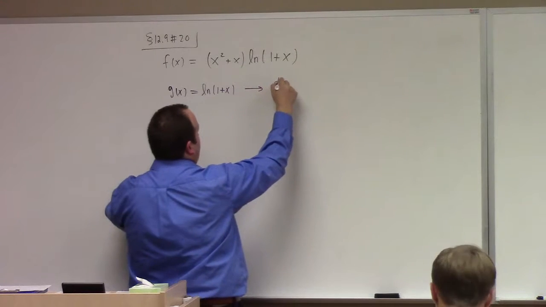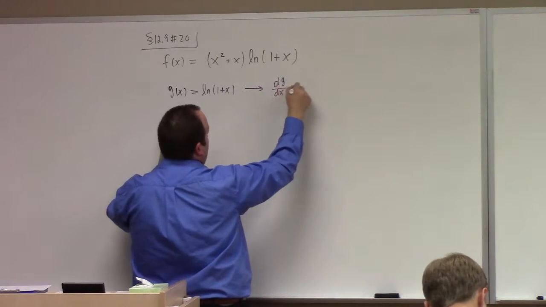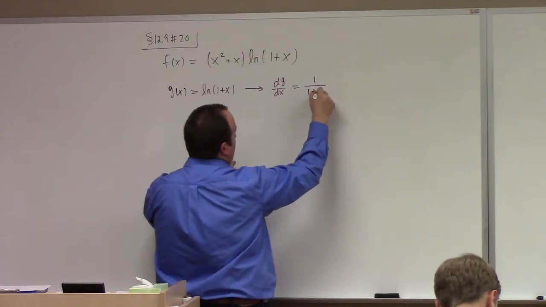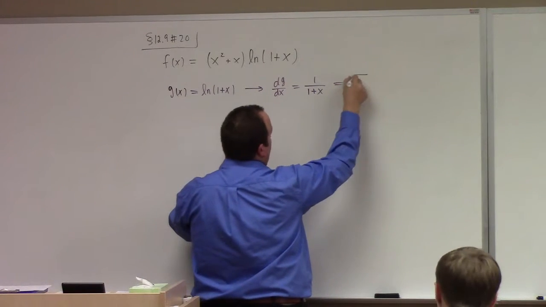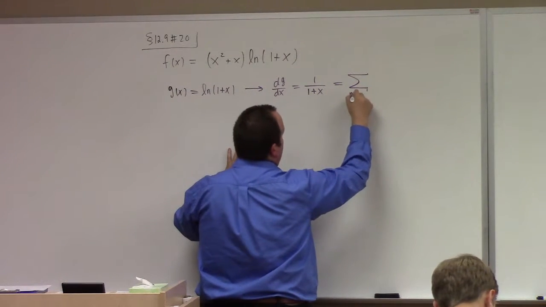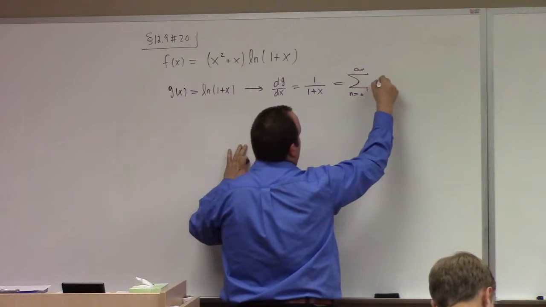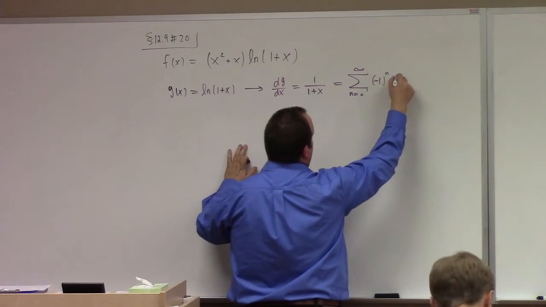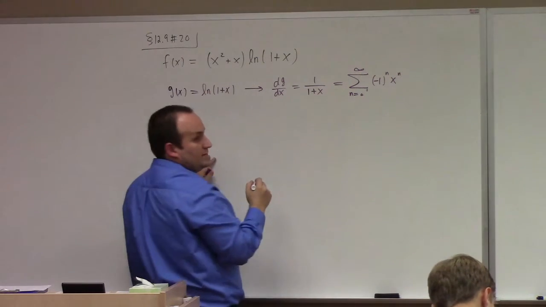So that gives me that dg dx is 1 over 1 plus x, which is otherwise known as the sum n equals 0 to infinity of minus 1 to the n, x to the n, right?